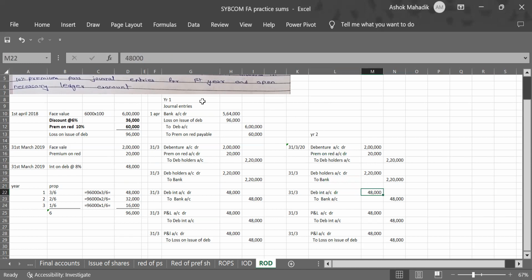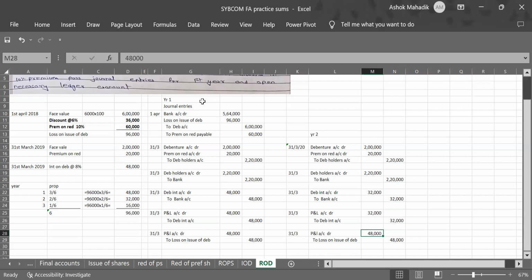So now interest will be only on 4 lakhs and not 6 lakhs, right? So the interest amount will be different. I'll calculate 8% on 4 lakhs. Understood? 32,000. So interest will be a lesser amount. Clear? And the transfer to P&L will be the same amount, 32,000.